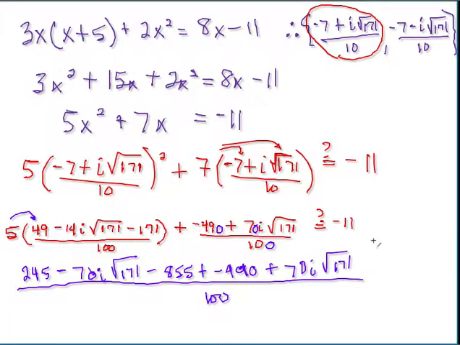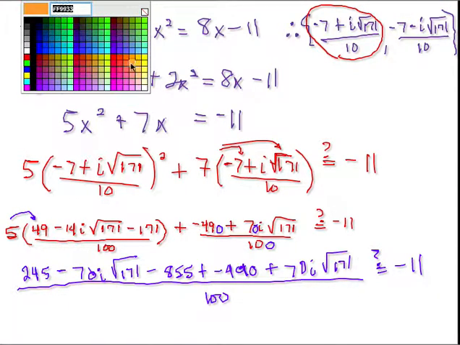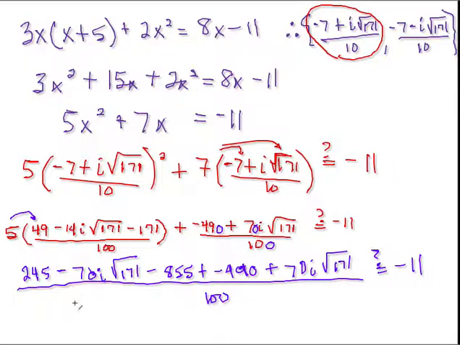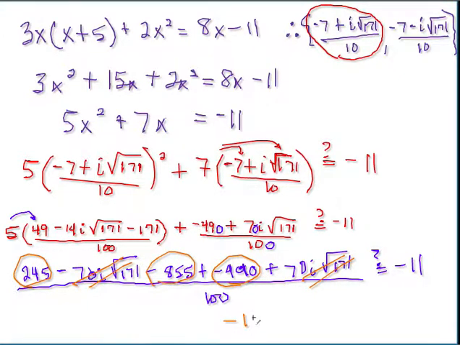That's what I have on the right side. Is that equal to negative 11? And yes, indeed it is, because watch. Negative 70i radical 171 plus 70i radical 171 cancel. And then 245 plus negative 855 plus negative 490 is negative 1100.